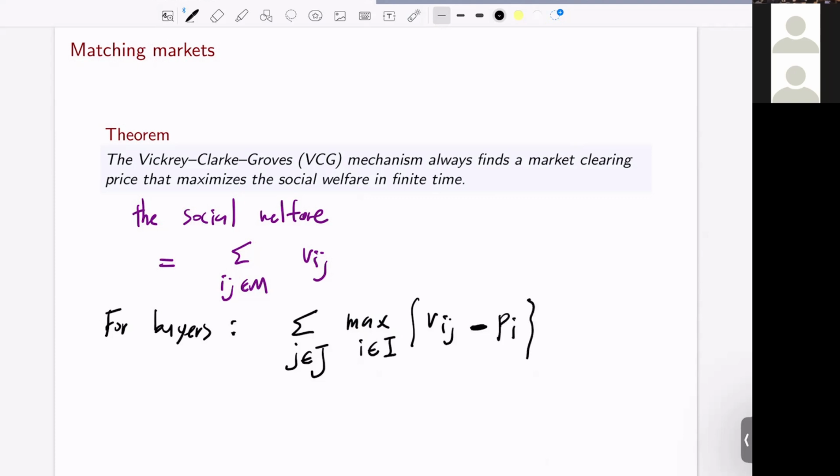Okay. So we allow the perfect assignment, and each buyer gets the most preferred item after we set the prices accordingly. So let's say this is equal to summation over ij in the final matching, V_ij minus P_i.